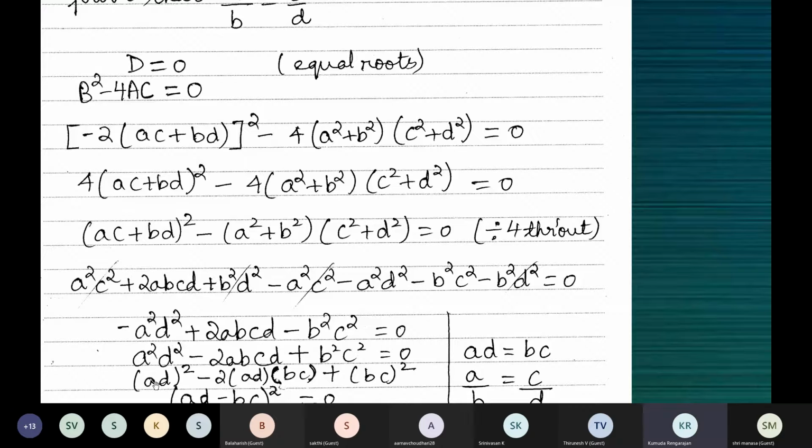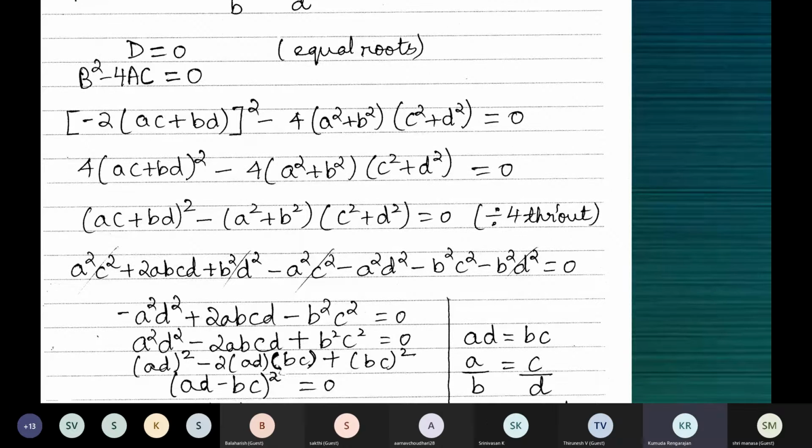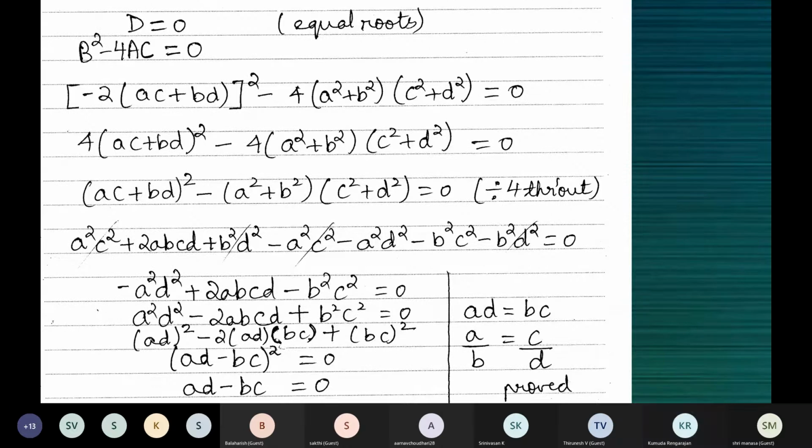Now this is of the form ad the whole square plus bc the whole square minus 2 ad into bc. It's of the form x the whole square plus y the whole square minus 2xy, which can be written as x minus y the whole square.